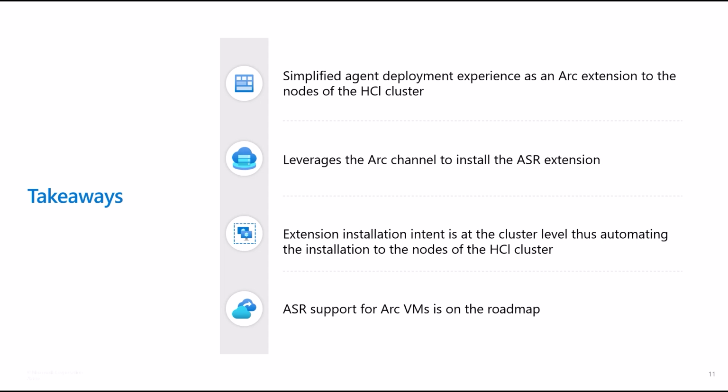The extension will automatically be installed on the newly added node. You can also enable automatic updates of the Arc extension, which reduces the administrative overhead. With this new agent deployment method, the intent to install the extension is at the cluster level. So there is no need to manually have the agent installed on every node of the cluster.